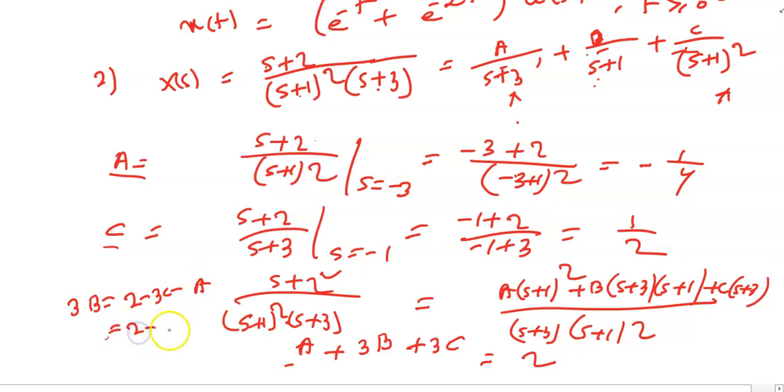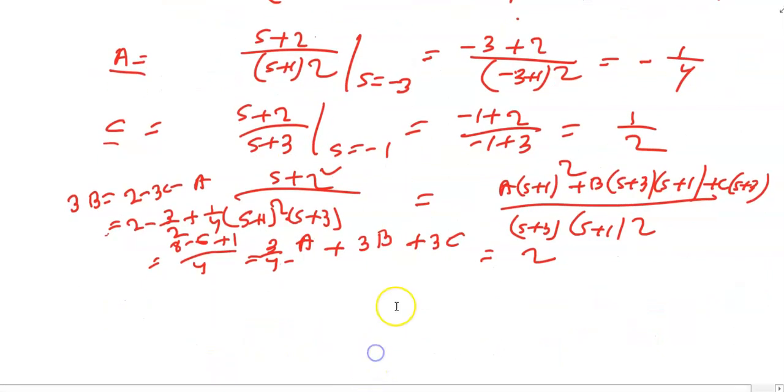So 2 minus 3c, c we have got, that is 3 by 2, then minus a, so minus minus plus 1 upon 4, that is 8 minus 6 plus 1 upon 4, which gives 3 by 4. And what you will get? So b equal to 1 by 4.